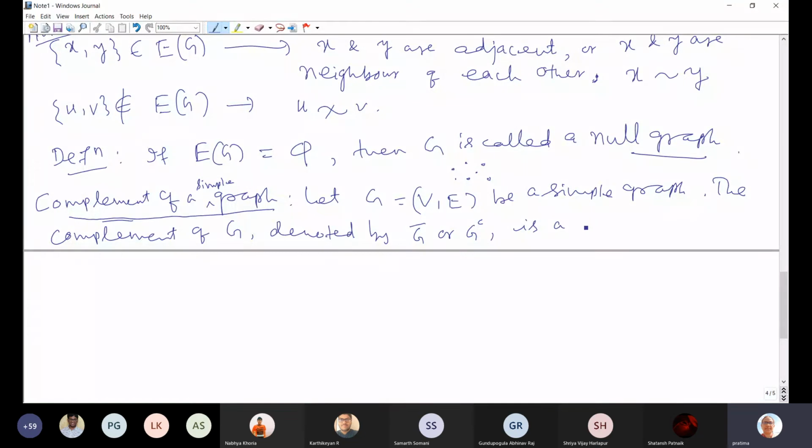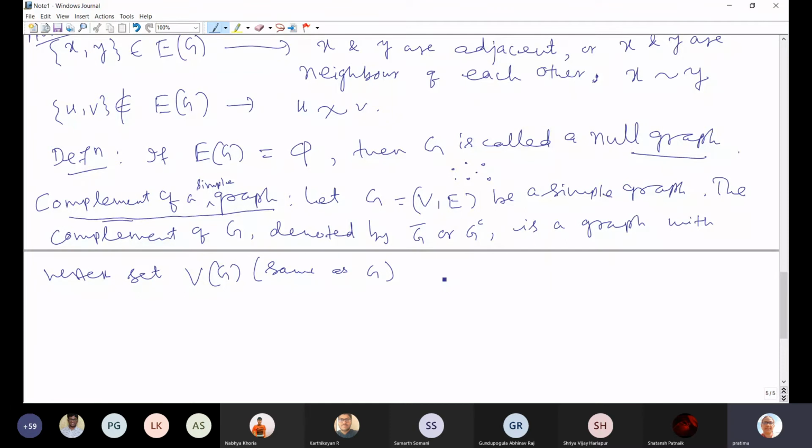From the definition itself it will follow that the complement is also a simple graph. It is a graph with vertex set same as V(G), the same vertex set.